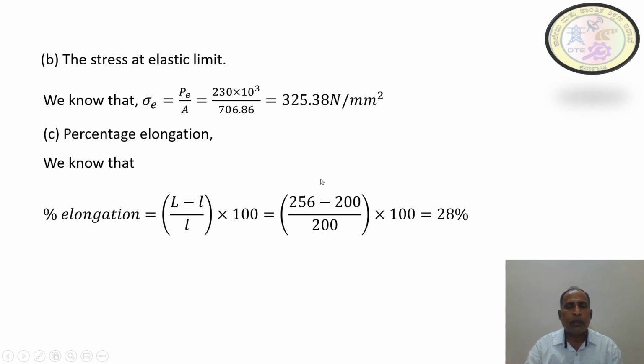So the difference gives us the total extension over the gauge length of 200 mm. Therefore 256 minus 200 divided by 200 into 100 is equal to 28%. That means when a bar of 200 mm is extended to a length of 256, the percentage elongation will be 28% over the gauge length.